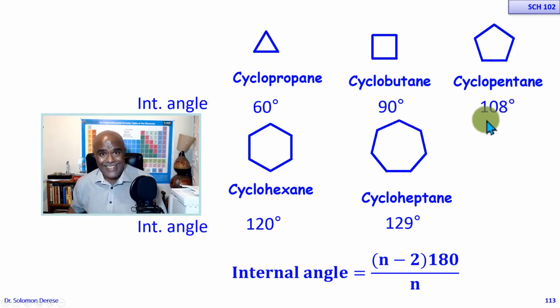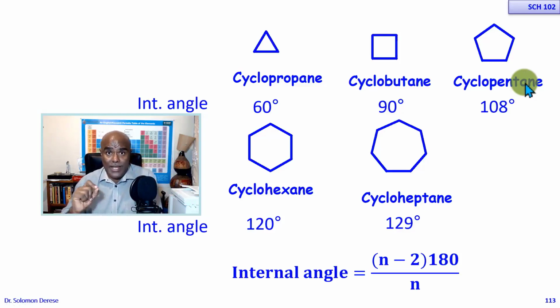As a result, based on bond angle, you will see that cyclopentane is the most stable of all the cycloalkanes, because its bond angle is closer to the ideal 109.5 degrees. Let's assume this is 109.5 degrees. It is closer to the ideal 109.5 degrees.